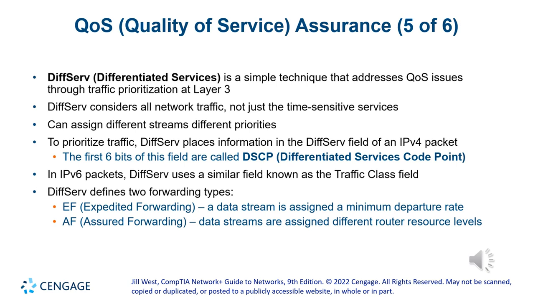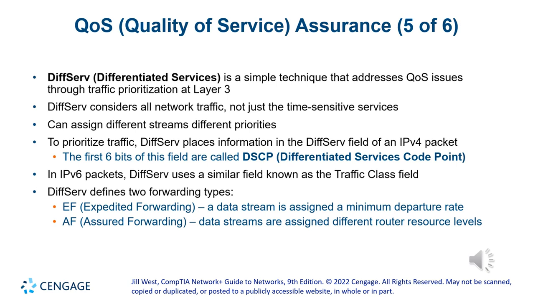Even if it comes in with a specific value, it doesn't honor that, it will just set everything back to 0. So you've got to be careful, make sure that if you want to prioritize voice or video, any service like that, the diffserv capabilities are enabled on your devices. It depends on the device. It might have it disabled by default, or others might have it enabled by default. So yeah, you still have to check.